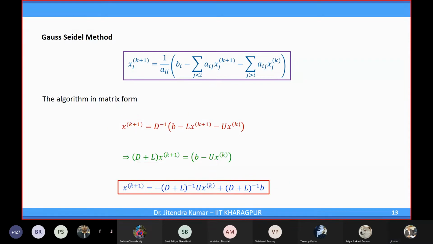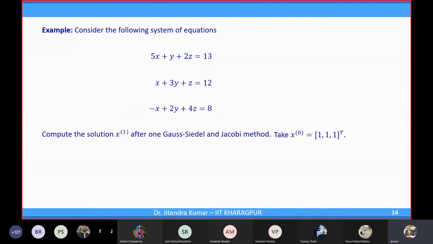Fine. So this is the matrix vector form of the Gauss-Seidel method.